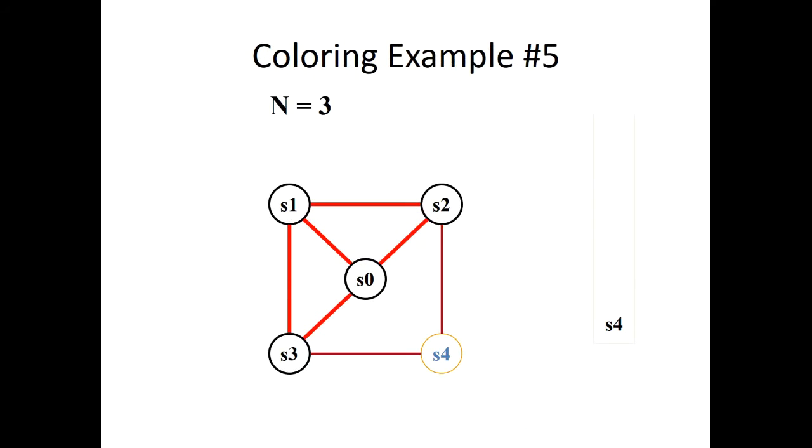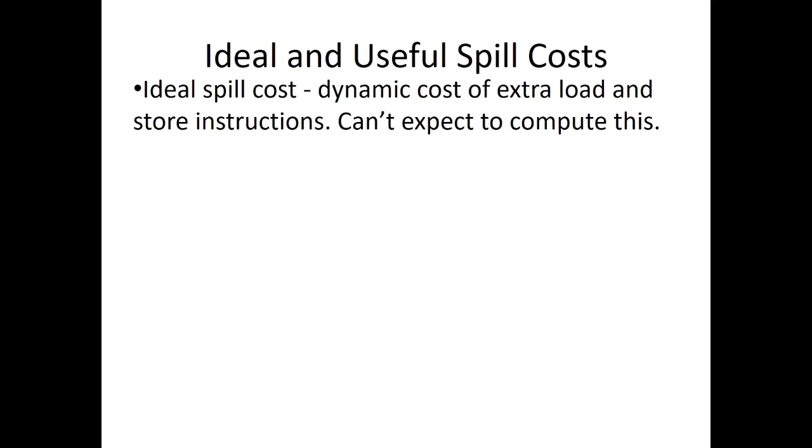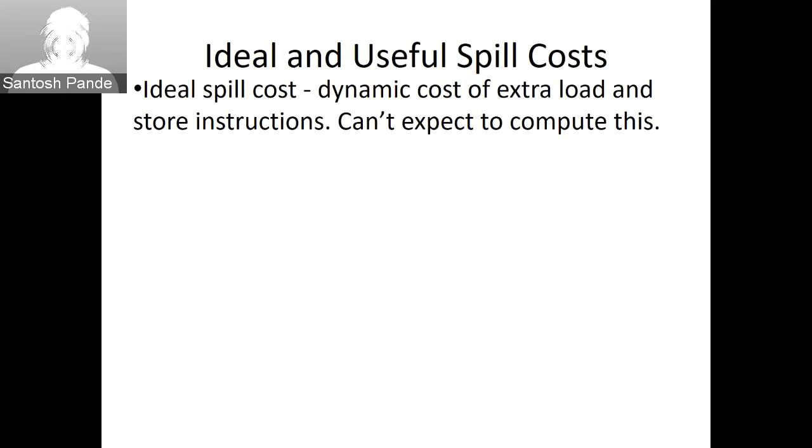So the ideal spill cost is if we really knew how many times each loop and each instruction executed, so that we can count the dynamic number of load stores for each web. It will be the best thing, but we can't do that. Even in a profile guided approach, the profile will show that this happened during one of the executions, but what can we say about the next one? We cannot.